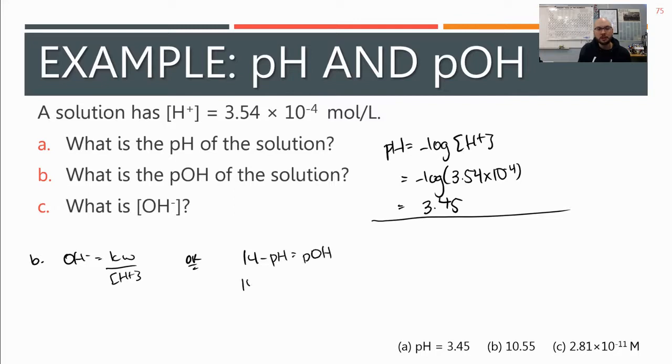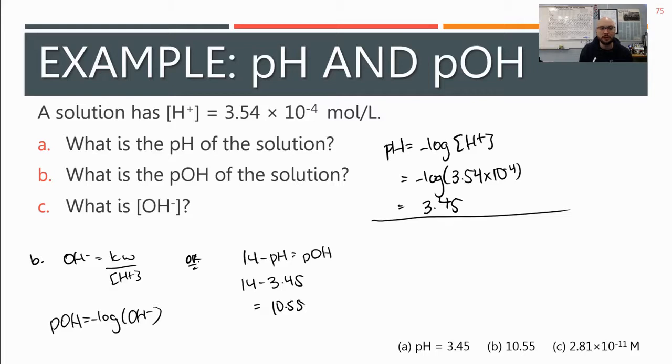So 14 subtract 3.45, which is equal to 10.55. Okay, so either one of those calculations. With the first one, we'd have to finish it by going negative log. I'll write it like this: pOH is equal to negative log of OH minus. So it's 2 steps, and that's generally why I avoid it.